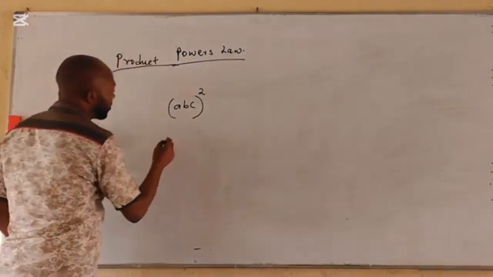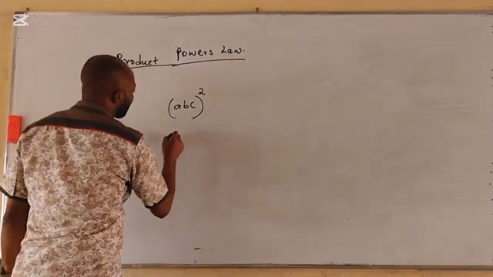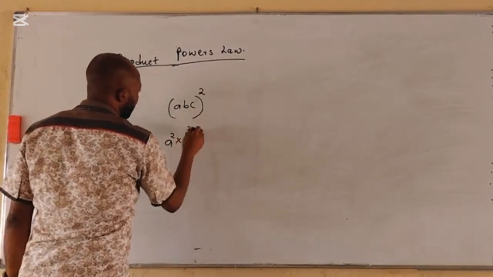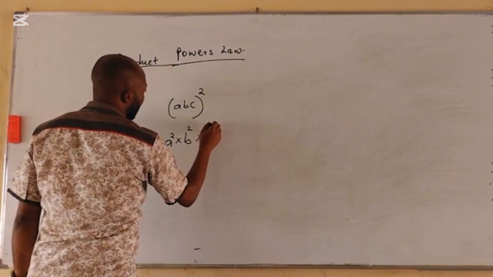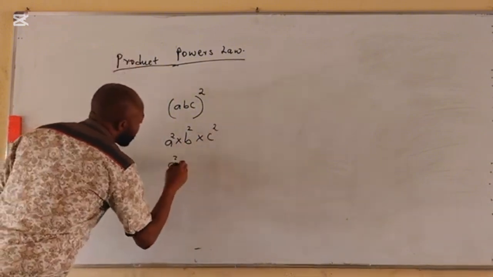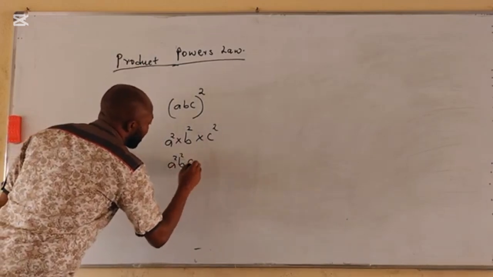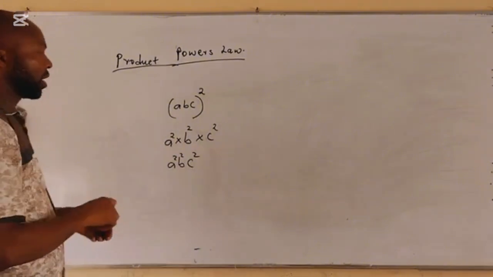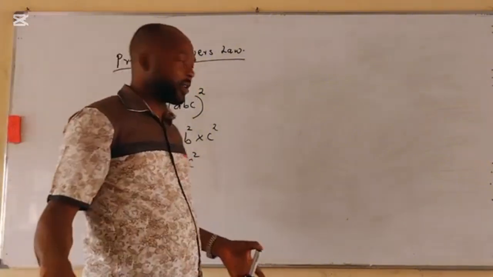So this becomes a raised to the power 2 times b raised to the power 2 times c raised to the power 2. That's it. We can equally say a squared, b squared, c squared is the same thing. These two are the same. So let's take an example.